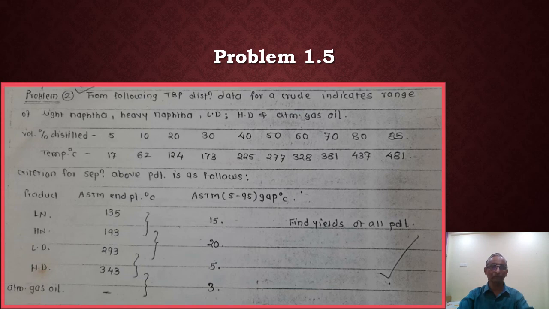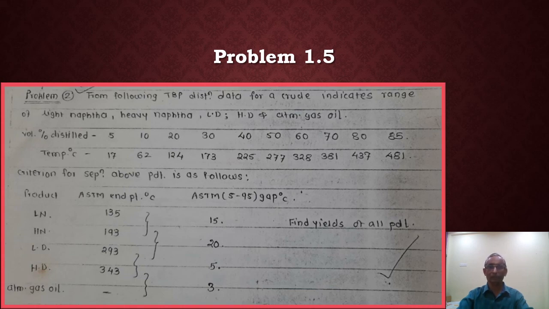Then the question comes to mind, what about temperatures above 400 degrees? These temperatures were identified by applying vacuum to the TBP, then corrected to atmospheric condition, and reported in the data. This way the data is available.